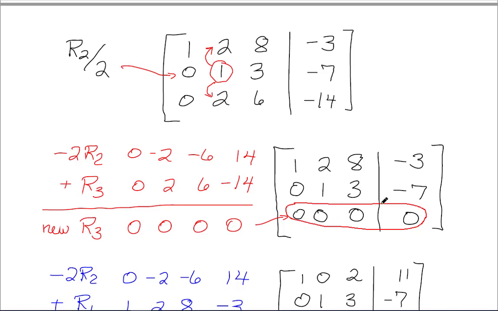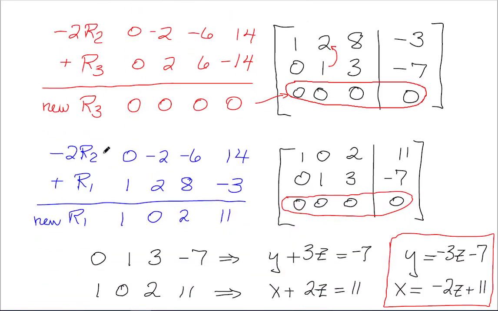And I'll show you that in a moment. So let's just go ahead and take this 1 and get rid of the 2 above it. So minus 2 times row 1, did that, and now plug that in. Alright, so there's my row of all zeros.